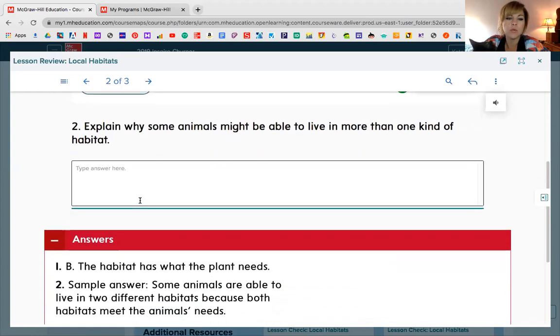The answer that they gave us was some animals are able to live in 2 different habitats because both habitats meet the animal's needs. So for example, a bird that lives near the pond, because we wrote about that, a pond has fresh water to drink. There's animals and bugs for it to eat, right? And it can live maybe in a bush, so it has the shelter.